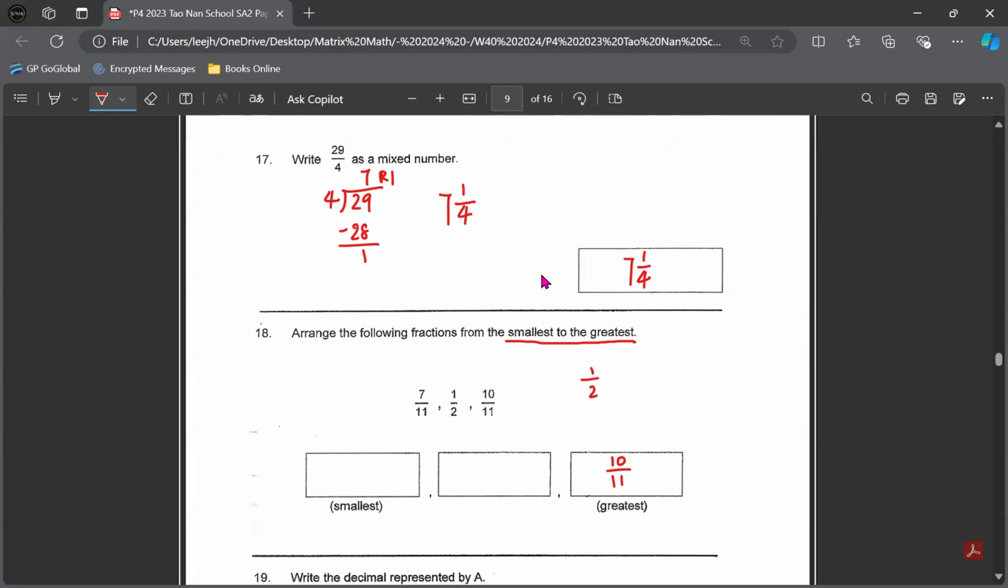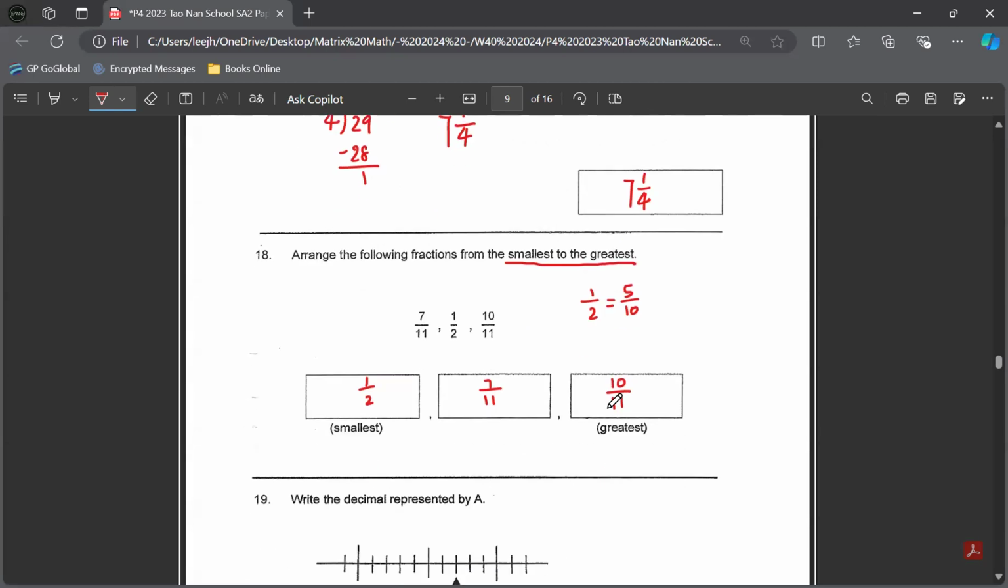So half, you change to 10, you times 5, 5 over 10. So 7 over 11 is actually greater than 5 over 10, greater than half. So 7 over 11 is here. The smallest will actually be half. So this is your answer. Arrange them properly. Always write the original fraction given, not the converted one.